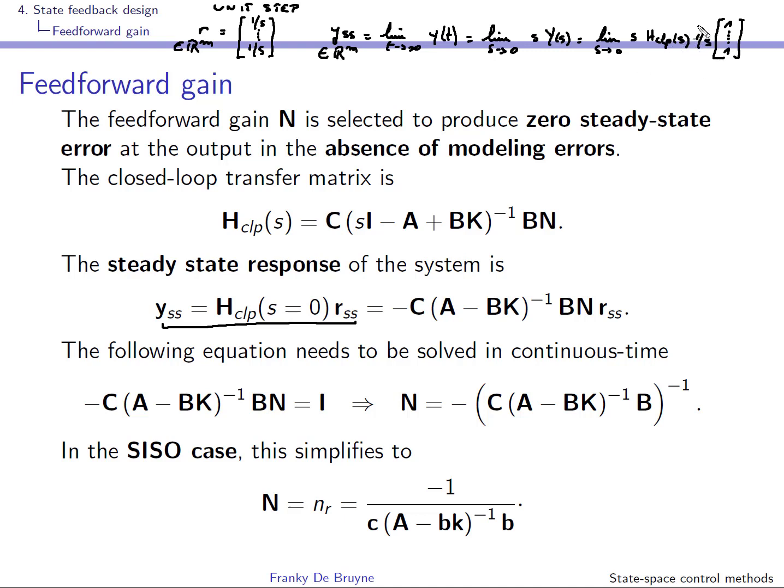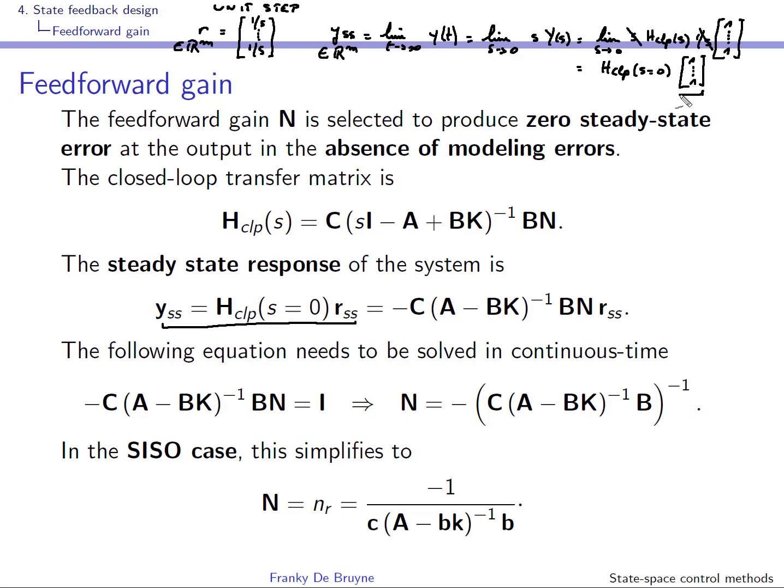So this one and this one cancel out, and this results in H closed loop evaluated in s equal to 0 times this vector composed of ones.